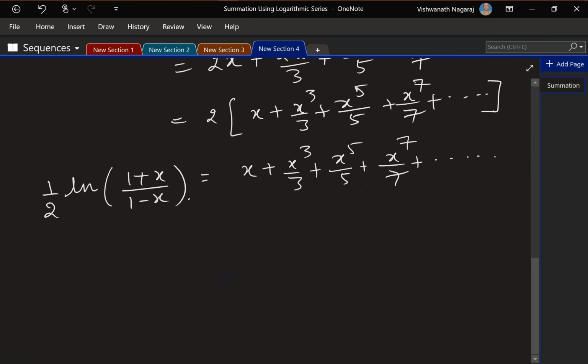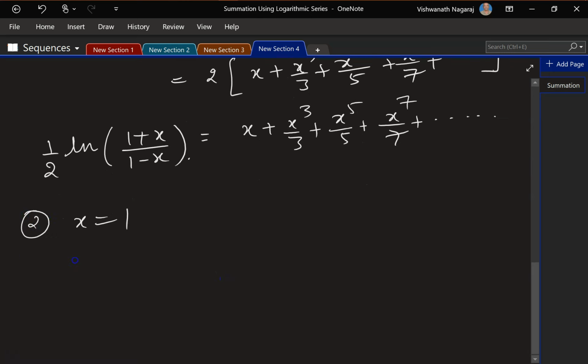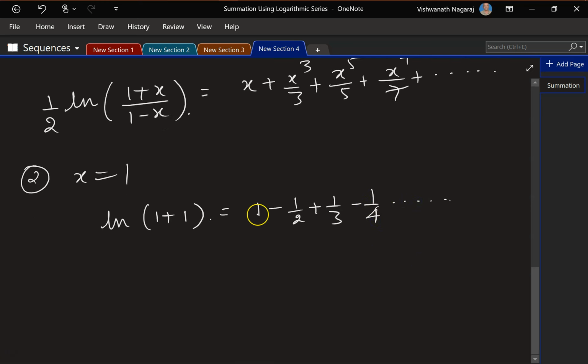Now let's say if I put x equal to 1, then what happens? Let's take natural log of 1 plus x. So instead of x I put 1. Wherever we have x, let's substitute it with 1. So 1 minus 1 by 2 plus 1 by 3 minus 1 by 4 and so on. Here it was x square, 1 square is 1, x cube, 1 cube is 1.